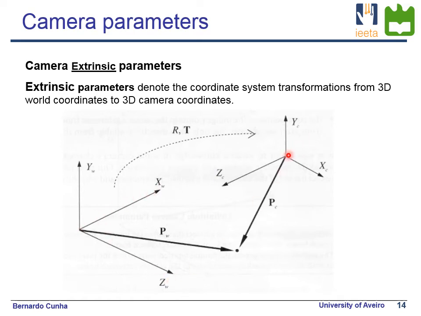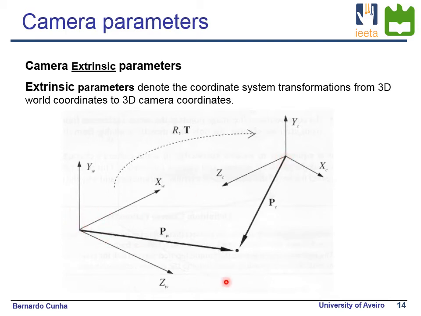So typically this coordinate system will represent a translation and a rotation from the original world coordinate system.